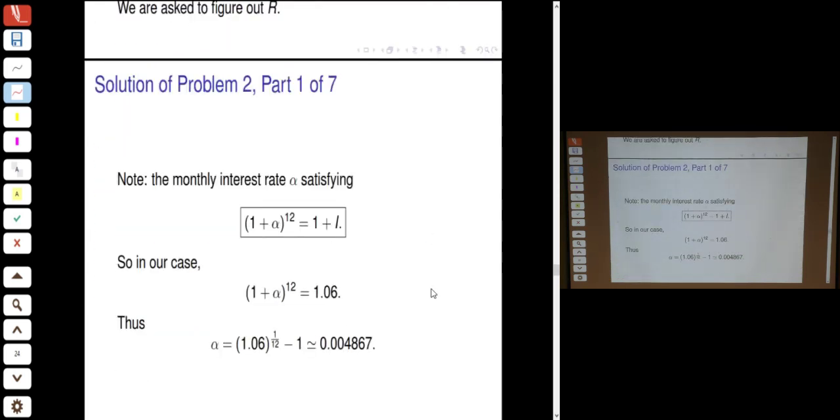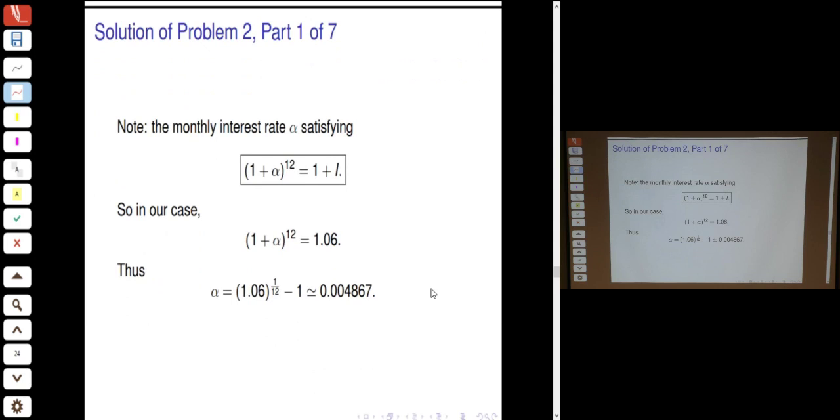So what is the monthly interest rate? In the last lecture we worked out the simple relationship between the monthly interest rate and the annual interest rate.